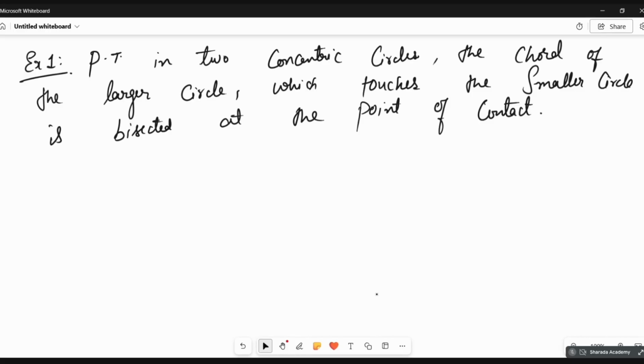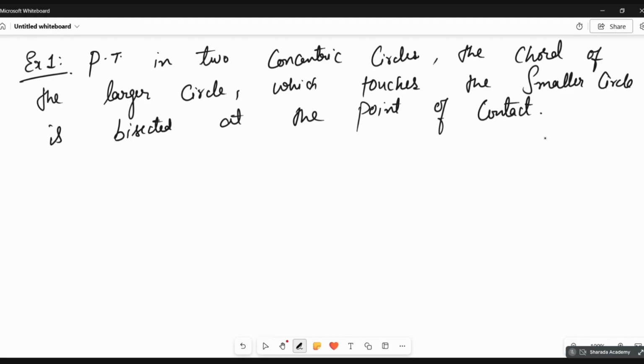Right. And in circles, all the examples, all the proofs are very much important. What are people discussing? Prove that in two concentric circles, the chord of the larger circle, which touches the smaller circle, is bisected at the point of contact.